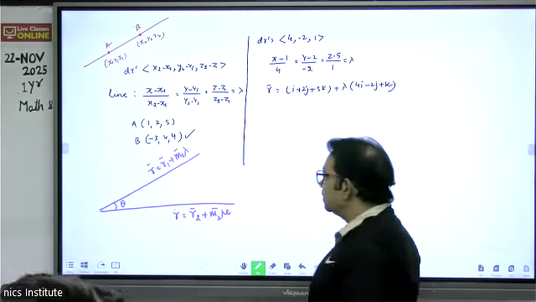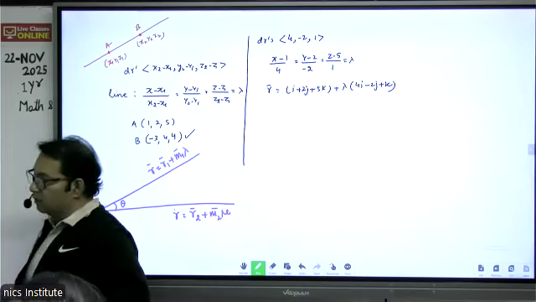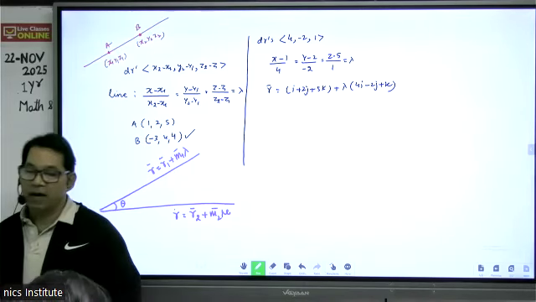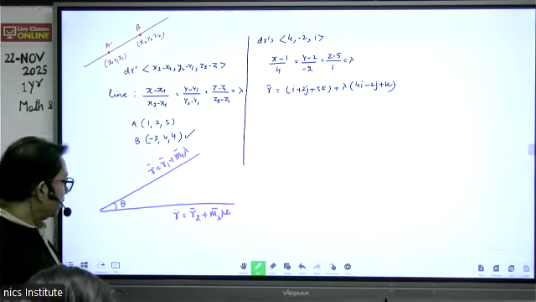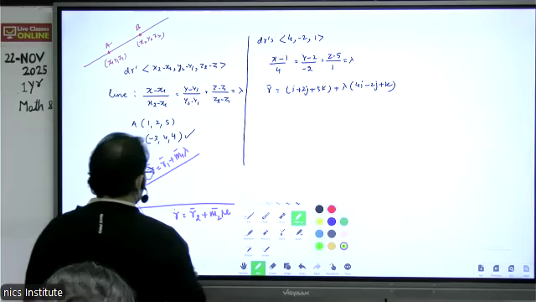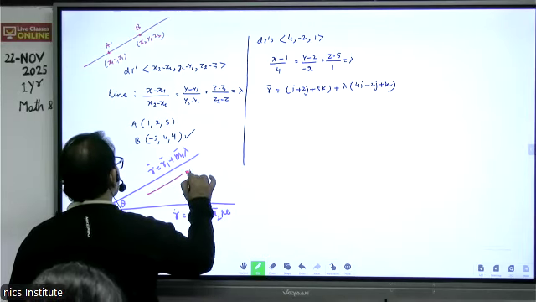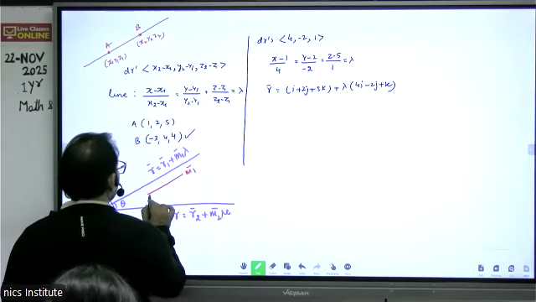So there are two lines. One line is r equal to r1 plus m1 lambda. Another line is this. And we need to find the angle between them. So first line is parallel to m1. Second line is parallel to m2.